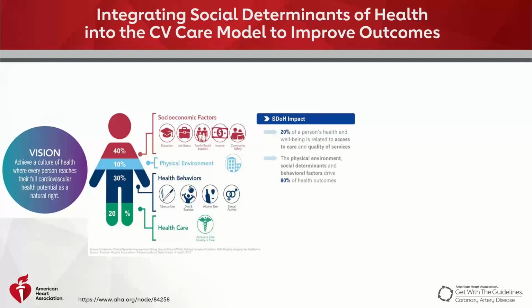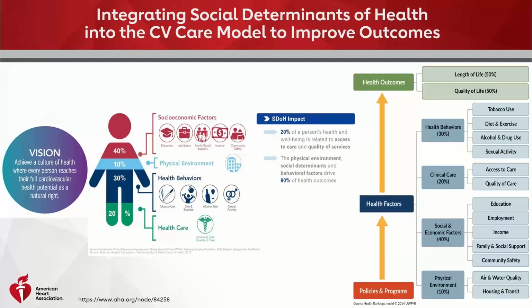And one of the things, and I think this is important for all of us to recognize, is that we always focus on the clinical encounter. But the reality is that these social determinants of health that we've been talking about account for about 80% of your cardiovascular outcome. It is extremely important that we come up with tools that allow us to address these social determinants of health, because they are much more impactful on the outcome of individuals in our communities.